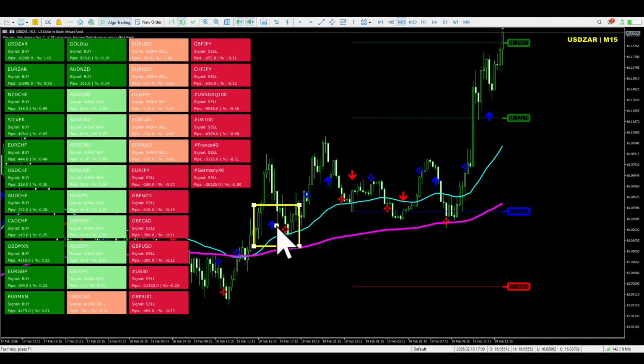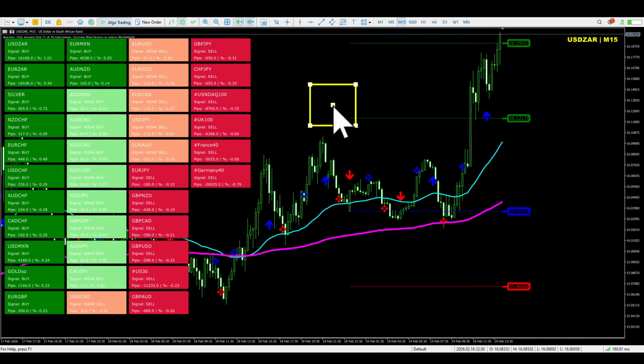The up arrows are blue and the down arrows are red. We use the arrows for the entries. The primary focus of the arrows is just to show us an entry. If there's an arrow pointing up, it means we need to confirm a buy entry. If there's an arrow pointing down, it means we need to confirm a sell entry. That's what these arrows symbolize.